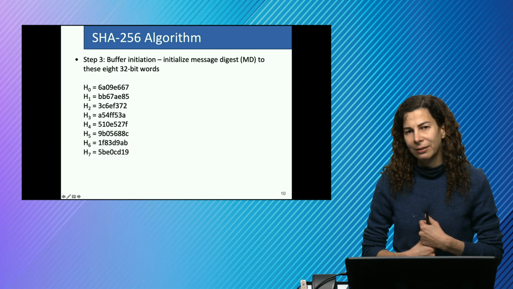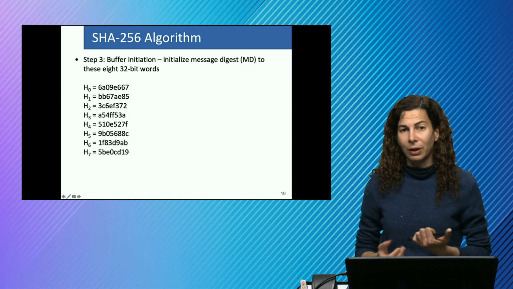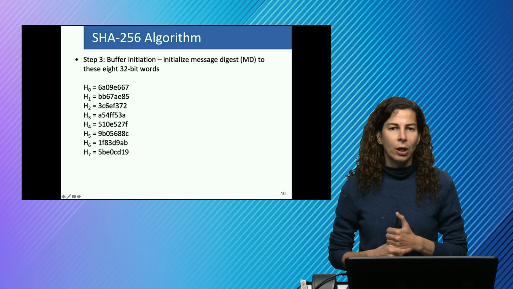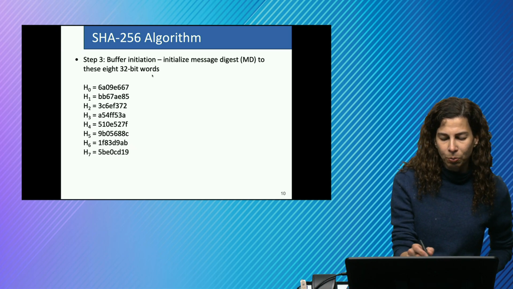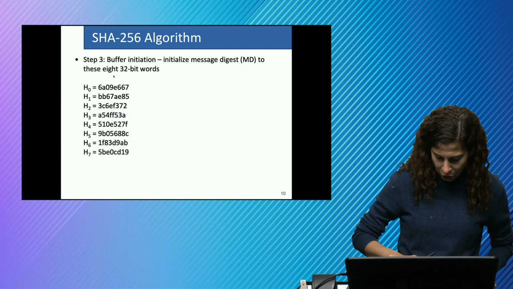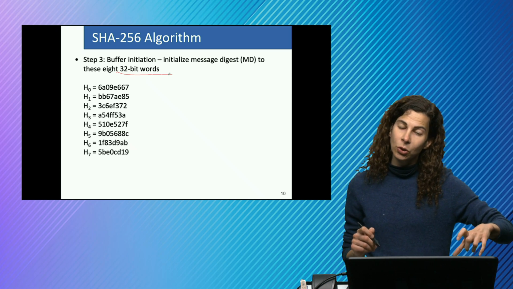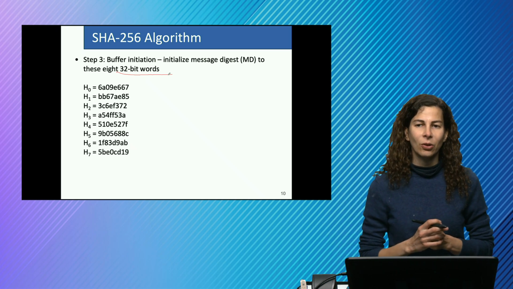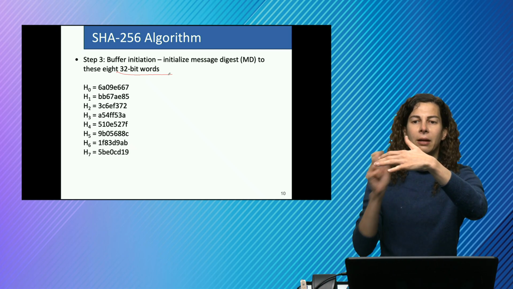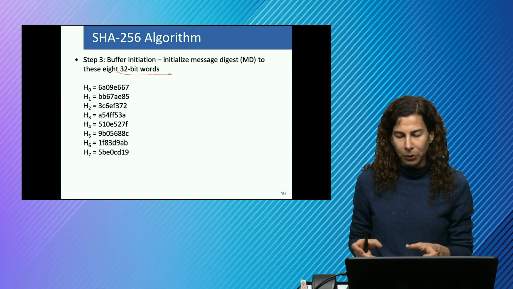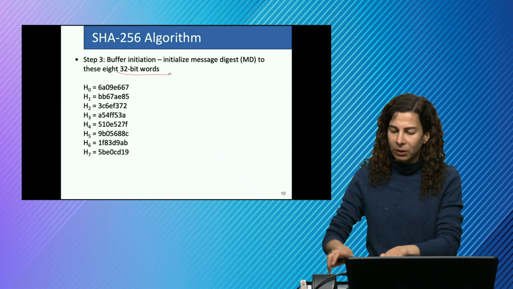And the next step is the buffer initialization, which is initializing the digest, basically the output of the hash function, to preset values. In the algorithm that we have, we are going to set these to preset values that are each 32 bits. And we have 8 of them. And 8 times 32, as you know, is 256. So at the end, we initialize the output to these values, and we are going to process on these values, just the same way you put all the cards in your hand in a certain order, and then you start to shuffle them.